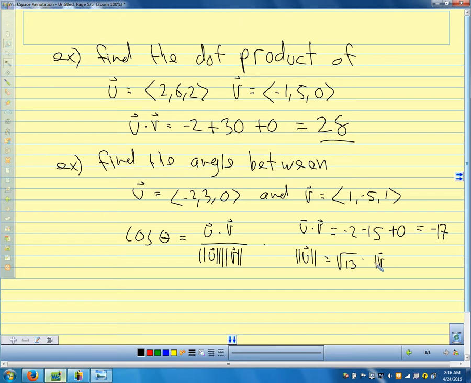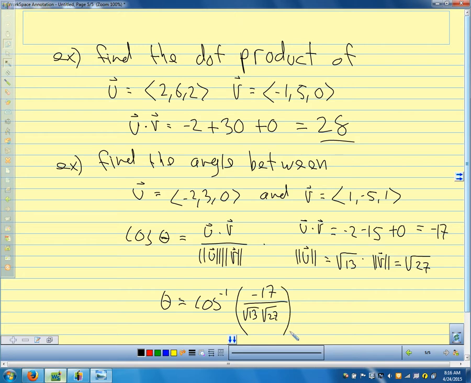The magnitude of v equals the square root of 1 plus 25 plus 1, so square root of 27. So theta equals the inverse cosine of negative 17 over square root of 13 times square root of 27.